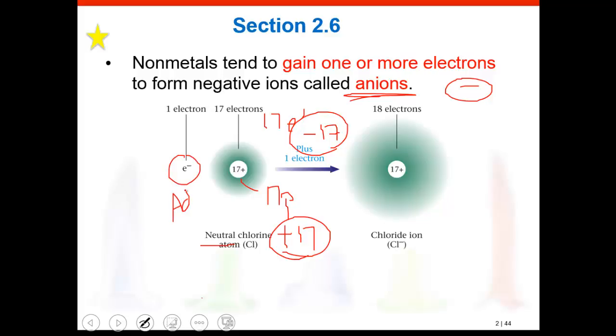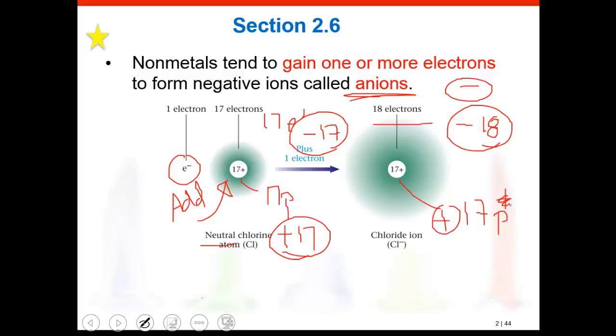Now, if we add in an electron to our total, now the chlorine has 18 electrons. So now it's a -18 charge orbiting around the nucleus, and we still have that positive 17 charge in the nucleus for the protons. So if we add these two numbers together, we're going to get -1. So when chlorine gains an electron, it will have a -1 charge.